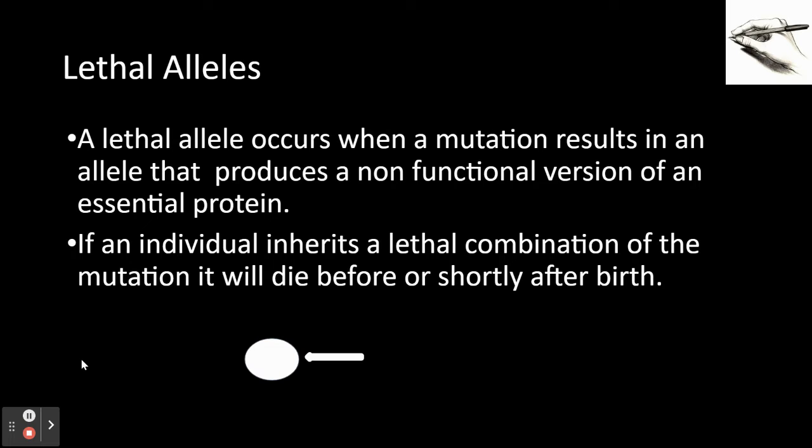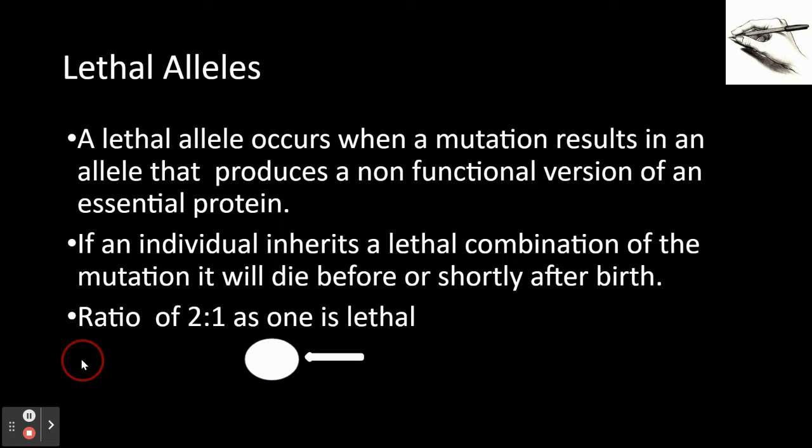That usually means that the organism dies before or shortly after birth. The ratio, therefore, is not the 3-to-1 as expected for most monohybrid crosses. We have a ratio of 2-to-1 because inheriting both homozygous dominant alleles results in the lethal combination, therefore it does not form.